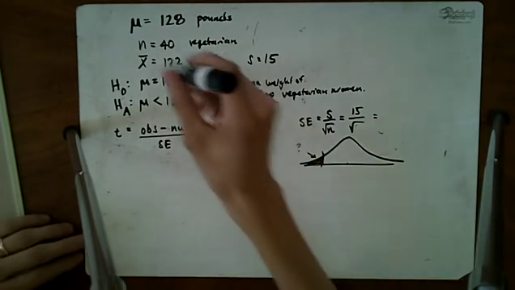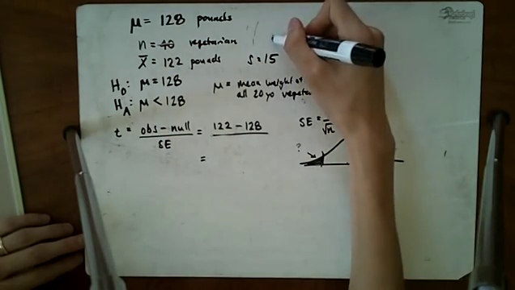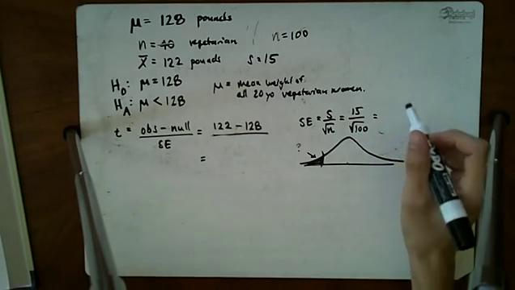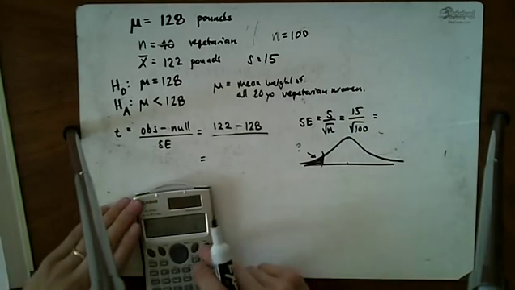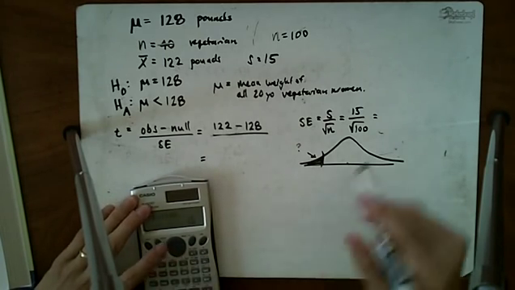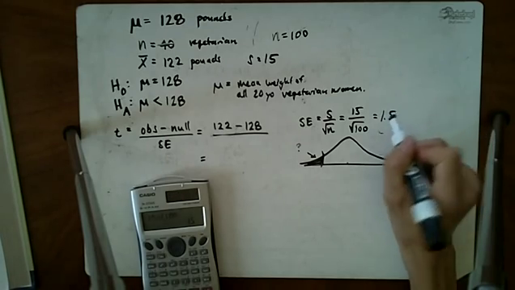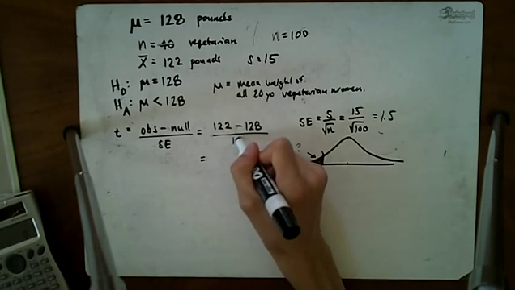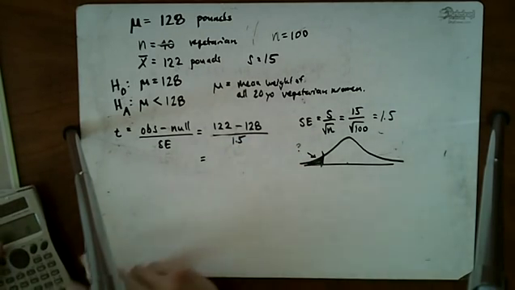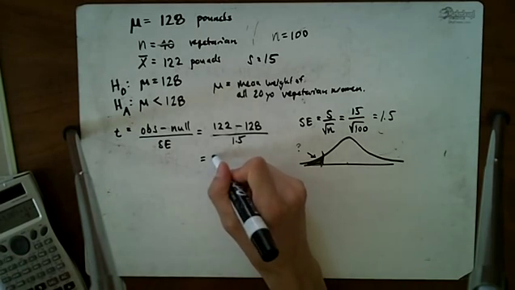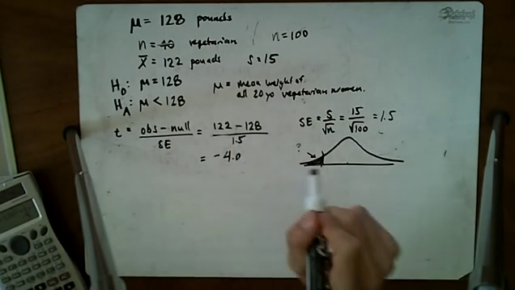So in this case, my n is now 100 for part B. So my standard error is going to be s over the square root of n. 15 divided by the square root of 100 is going to give me 1.5. Alright, and so over here, I'm going to plug in 1.5 for my standard error, and I do 122 minus 128 divided by 1.5, and I get a t-score of negative 4.0.